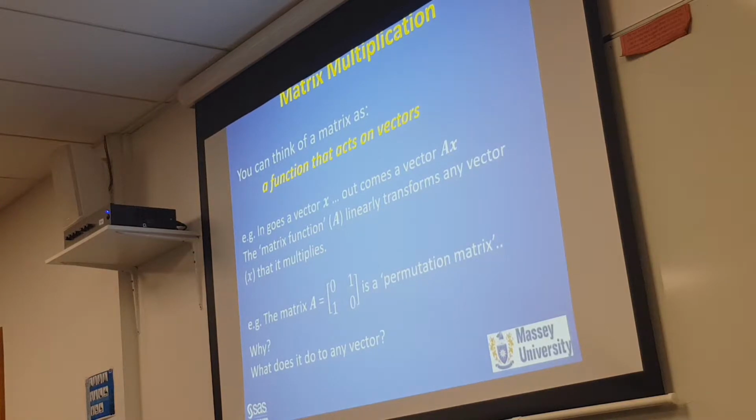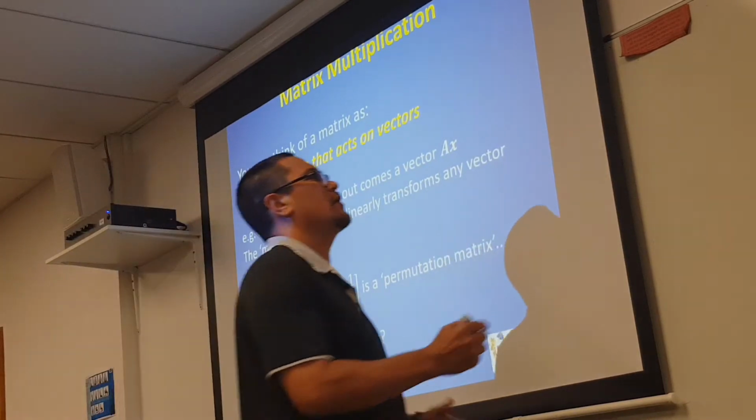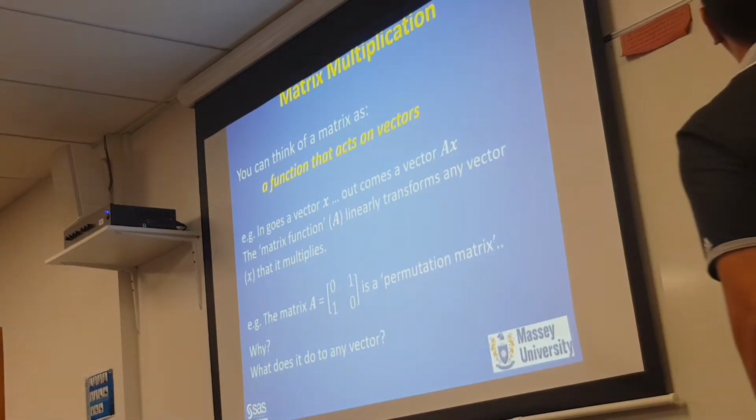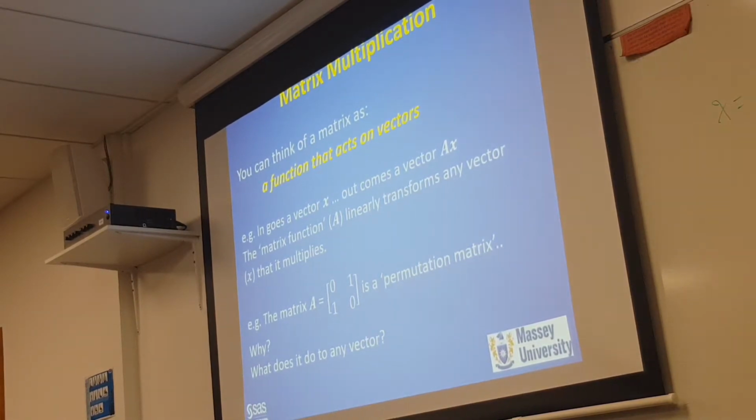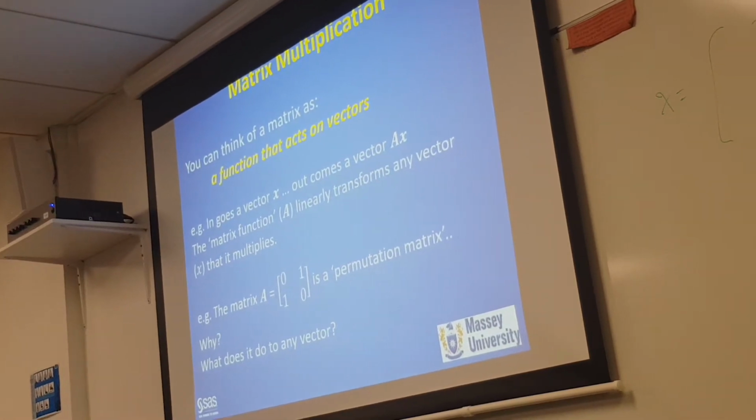Think of the matrix, this one here, 0, 1, 1, 0. What is that doing to it? It's called a permutation matrix. Let's say we've got a vector, I don't know, 2, 4. So if we multiply A times x, what do you get?